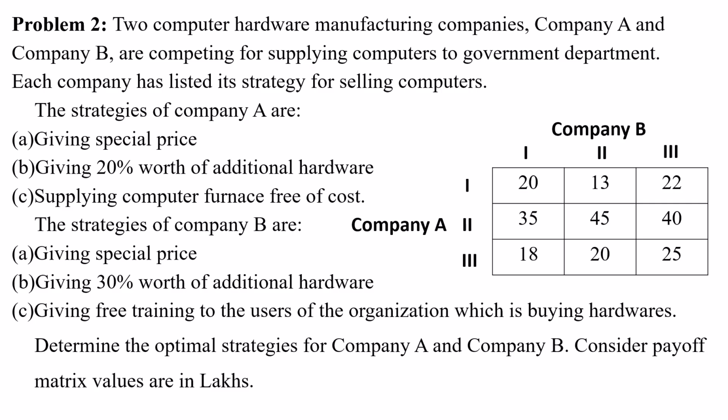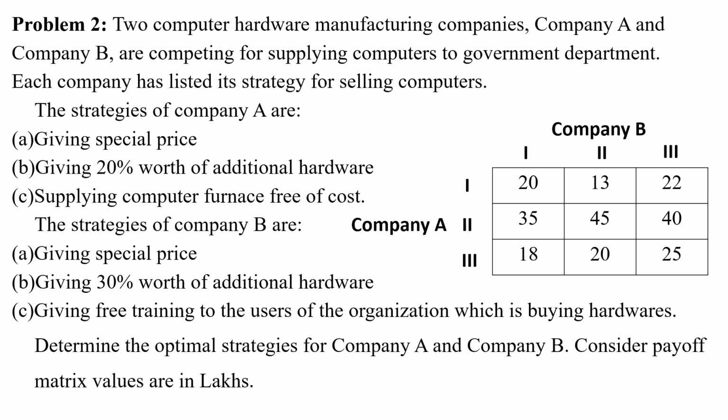For company A, they have taken three strategies. The first strategy is giving a special price. On the MRP they are giving some special price. How much special price they are giving is not mentioned here, but the strategy is giving a special price.